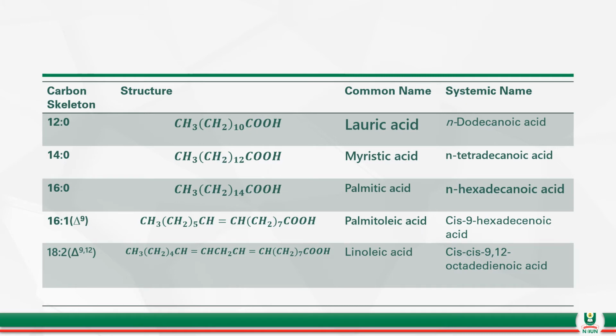unsaturated bond. But this one is 16:1 delta 9. What are we saying there? It has 16 carbon atoms and 1 unsaturated bond at position 9, between 9 and 10 in fact.